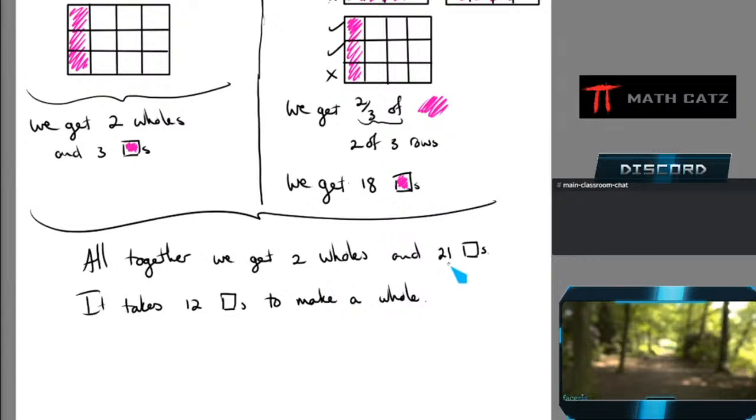And we have 21 pieces floating around. So I can definitely split this up into 12 and 9. This 12 will be another whole rectangle, and the 9, unfortunately, is not enough.